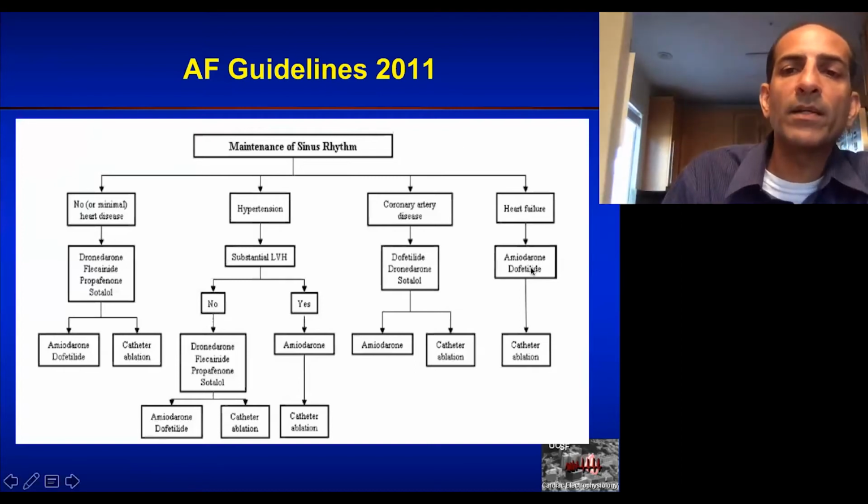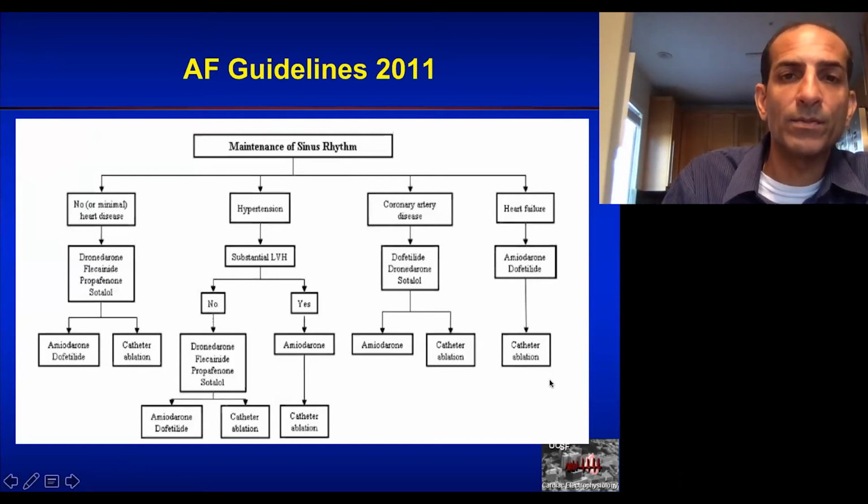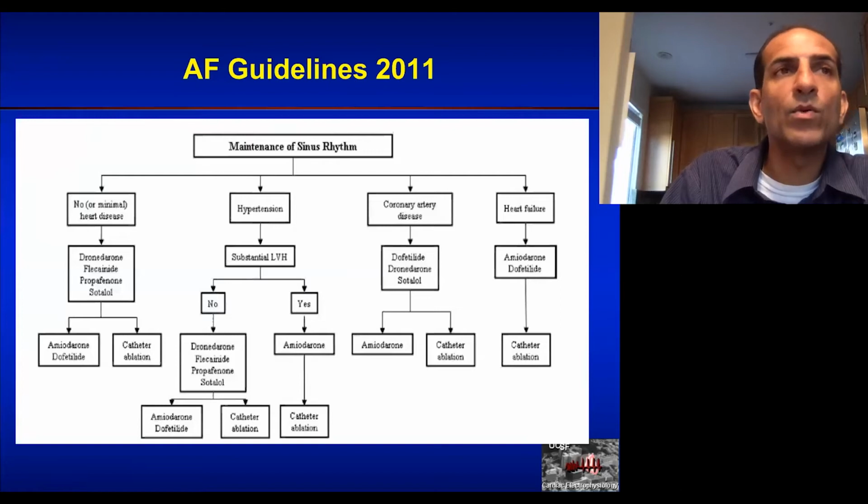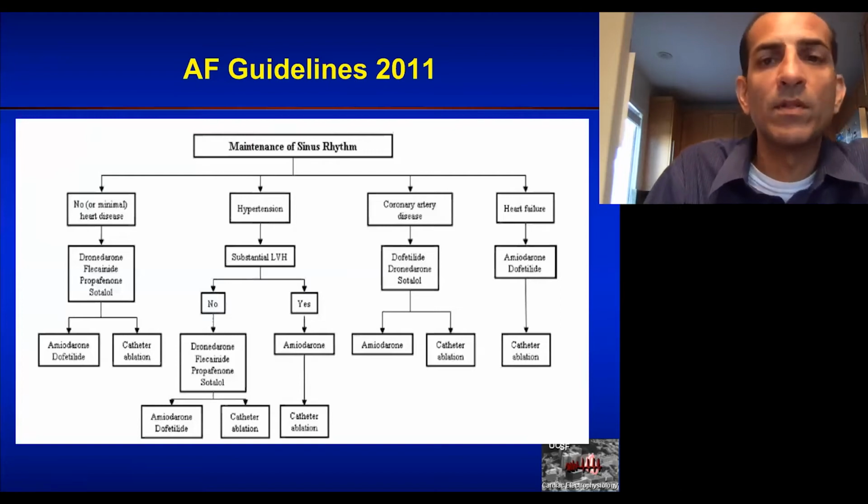But it's a very effective drug to maintain sinus rhythm in patients who have heart failure and persistent atrial fibrillation. Again, if you fail these drugs, then you don't have a second-line drug therapy available in these patients. And the only option is to do a procedure called catheter ablation. So this is a useful guide for anybody who is taking care of patients with atrial fibrillation.